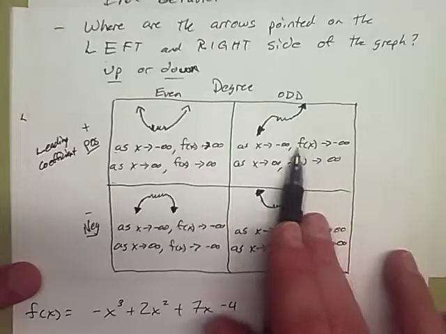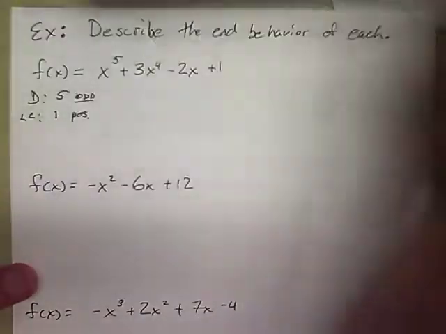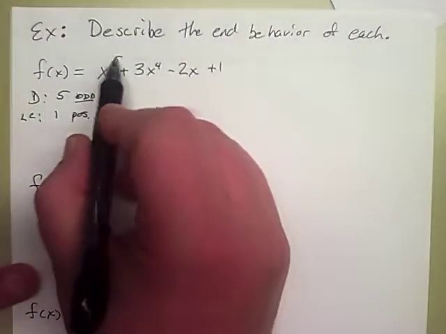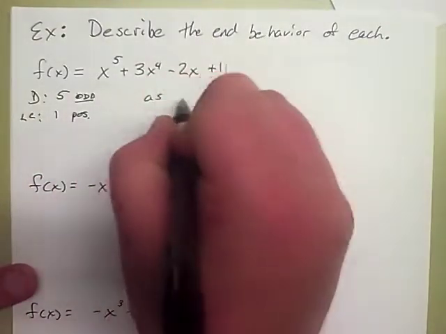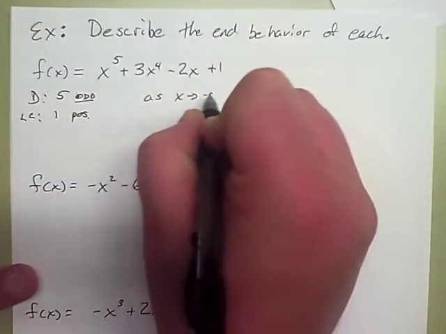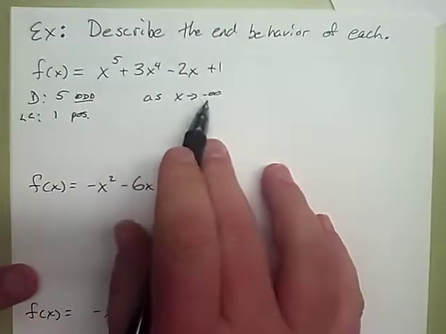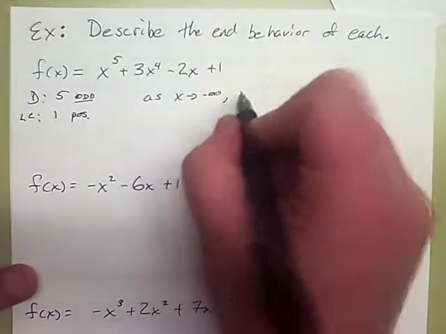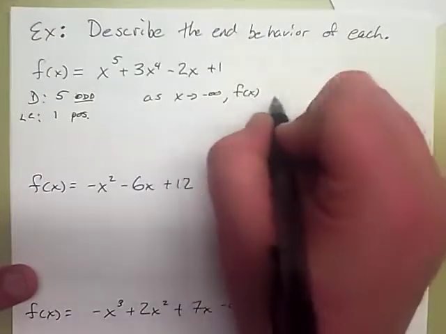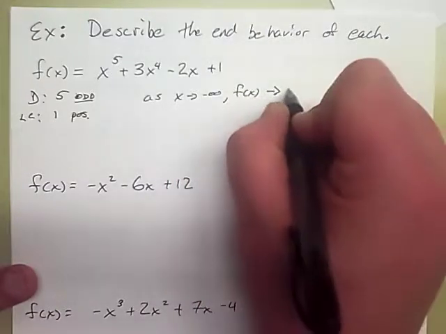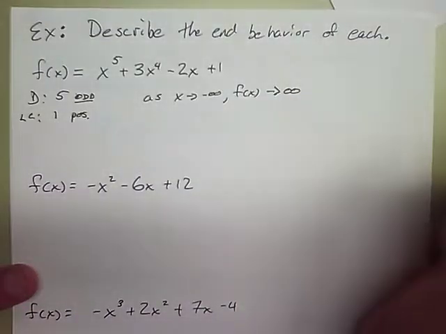And remember, we have a fancy way of writing that. So for this problem, since the degree is odd, leading coefficient is 1, we're going to say as x approaches negative infinity, remember this is to the left, comma, then the y values, f of x, approach positive infinity, right?